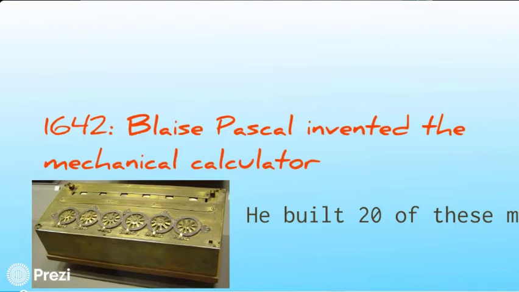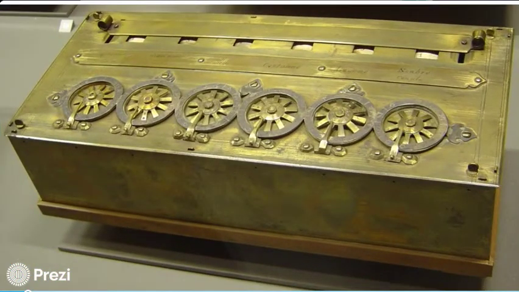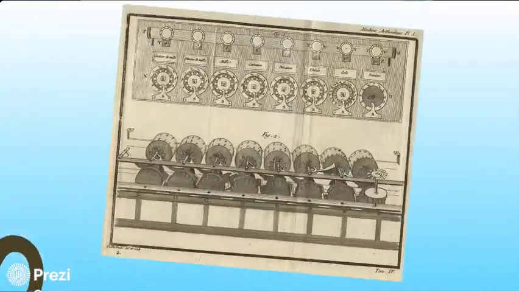So he designed this machine to add and subtract two numbers directly and to perform multiplication and division through repeated addition or subtraction. He actually built 20 of these machines. So this is how it looks.